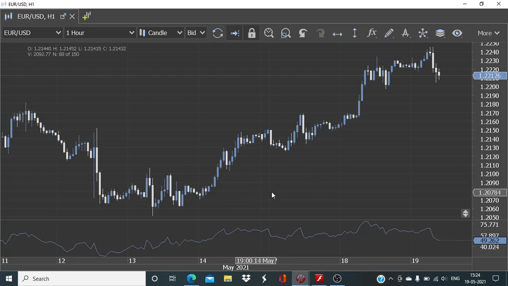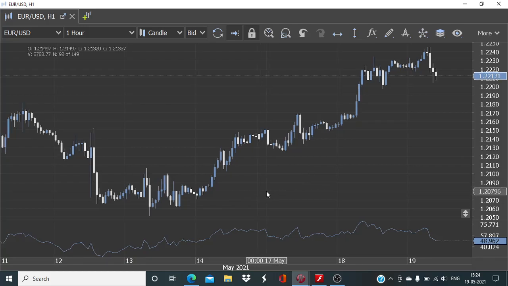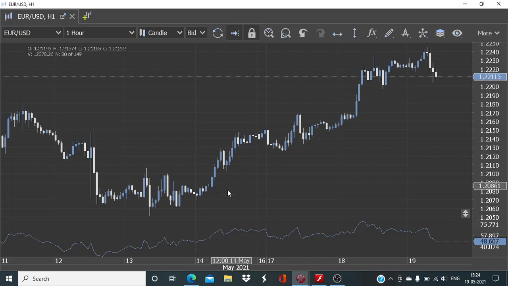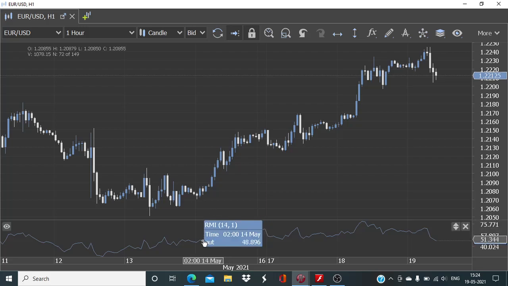For defining the condition in such a way, we will also be relying on the RMI output value 6 hours back. To retrieve the data 6 hours back, I will be using the RMI indicator with the lookback period of 6. And that value should also be above 50 for the buy trade to take place. And as I said, the RMI value for the last hour should be above 50.